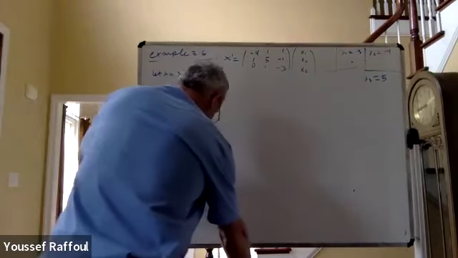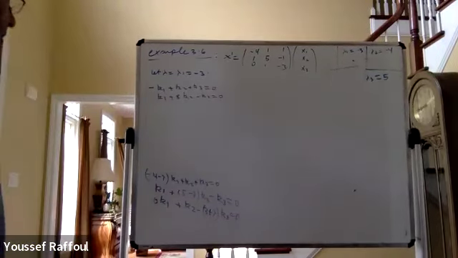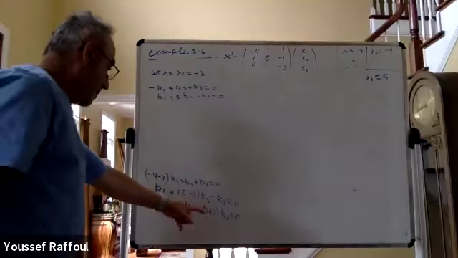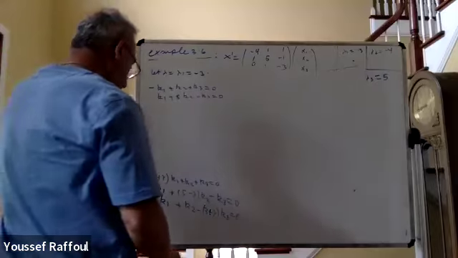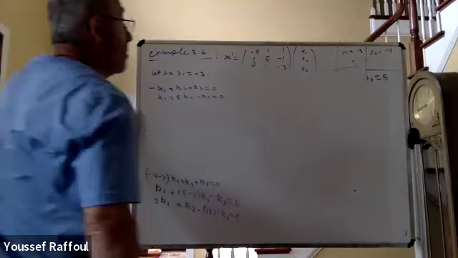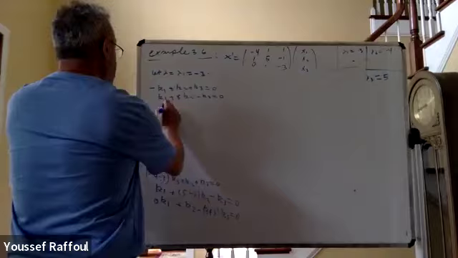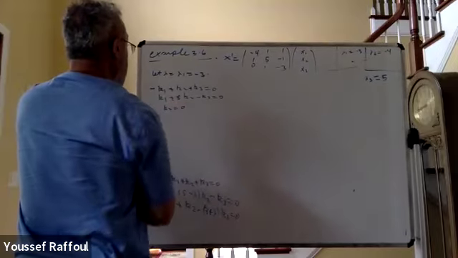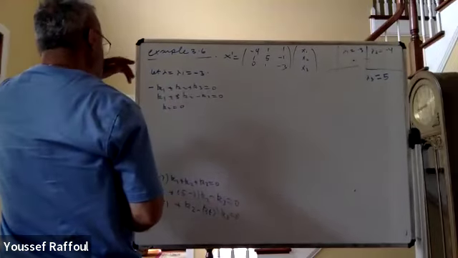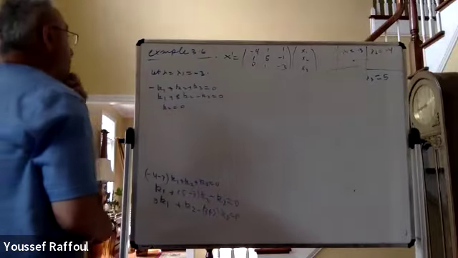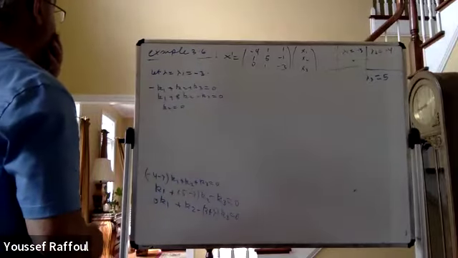Okay. Now, if I put lambda equal -3, I'll get 0. So we get K2 equals 0. So automatically K2 equals 0. Okay?